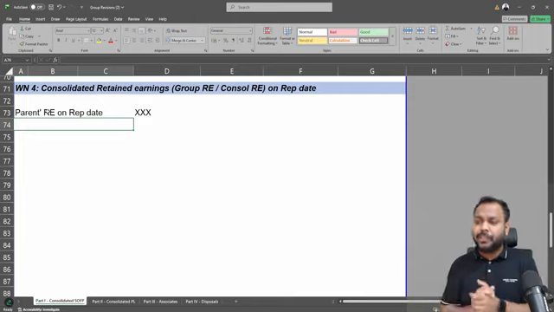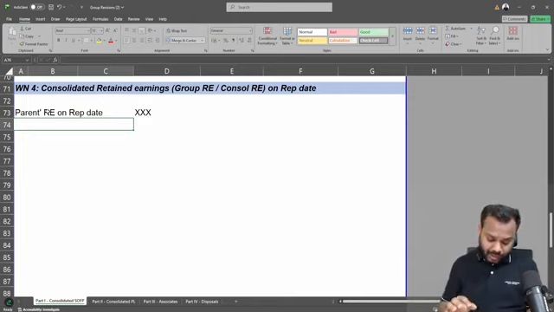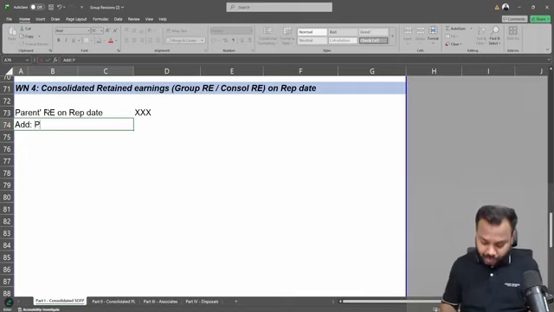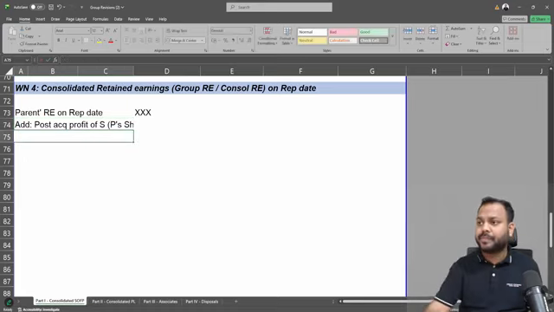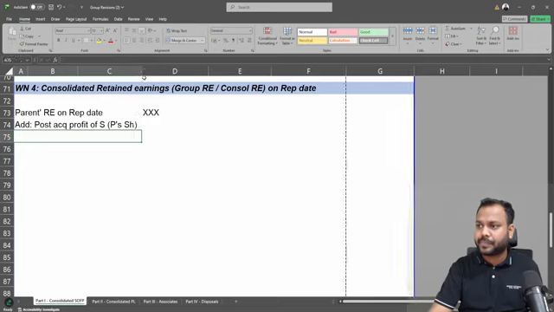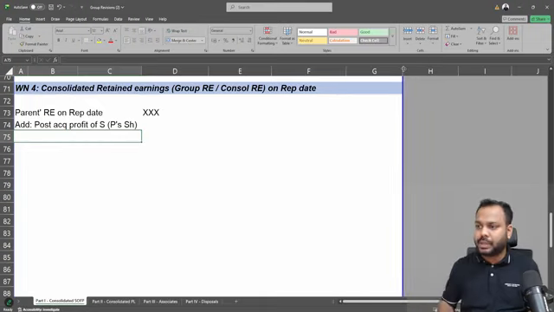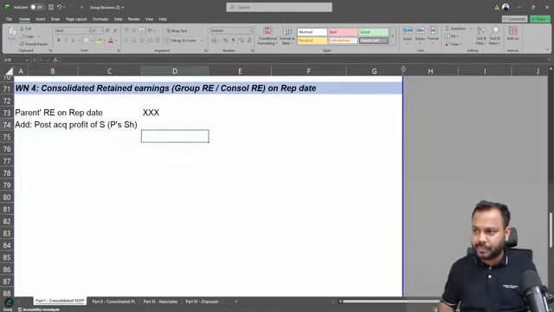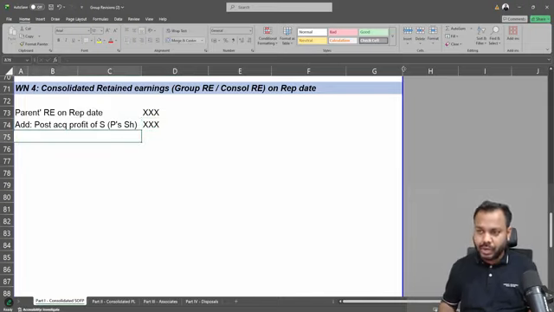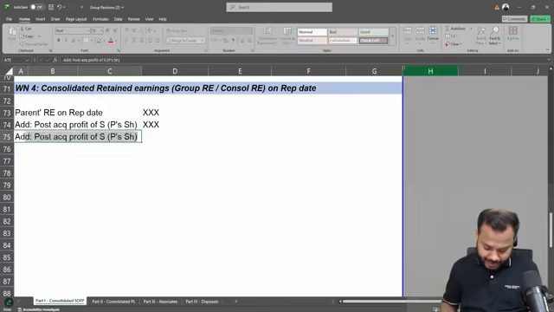Then we add post acquisition profit of subsidiary, parent's share.